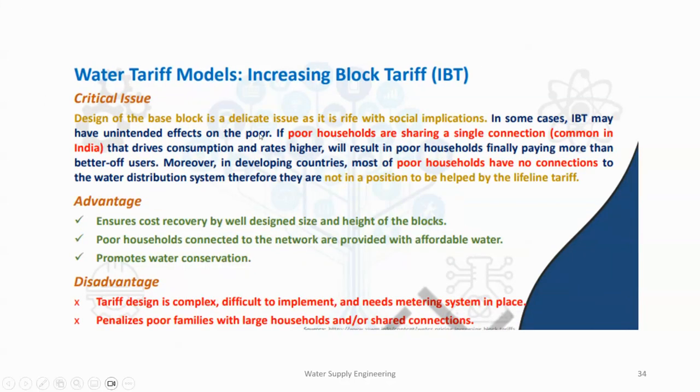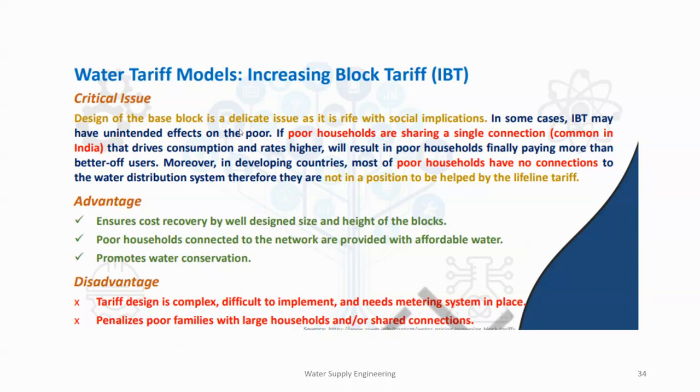So the critical issue is that in some cases, IBT may have unintended effects on poor people. Financially weaker people may find difficulties with this type of pricing tariff. For example, if poor households are sharing a common point or connection, then obviously the consumption will be higher because multiple households are depending on a single connection.